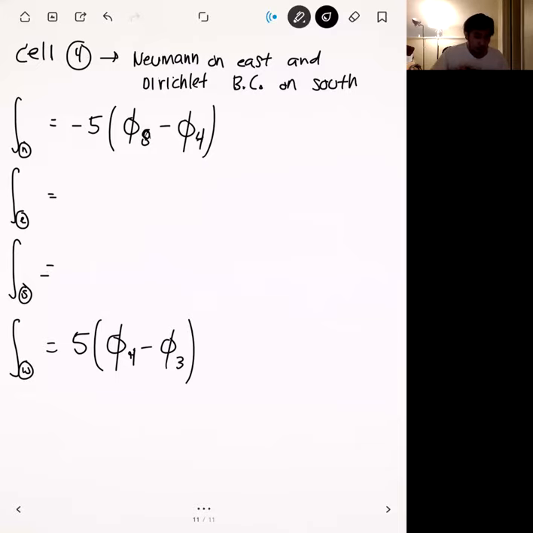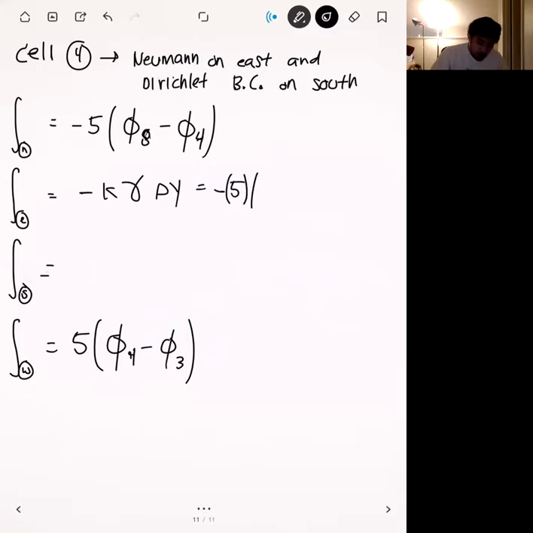Let's start with the east integral. For the east integral, we have our Neumann condition. If we go by what we know, the boundary condition here is going to be a minus k times gamma, which is our Neumann boundary condition value, times delta y. If we plug in the values here, we have a minus 5 for k.